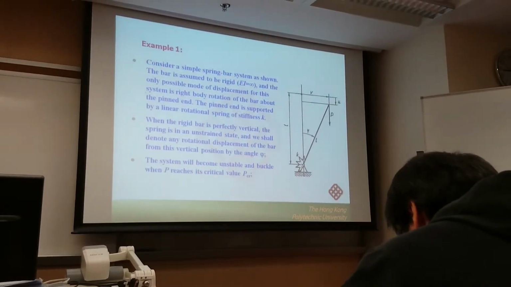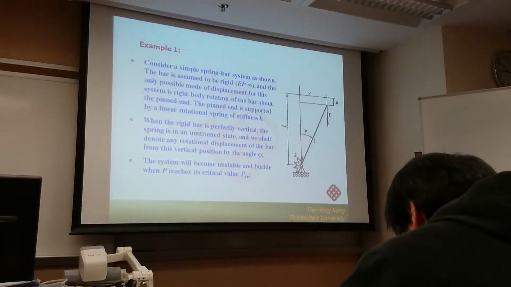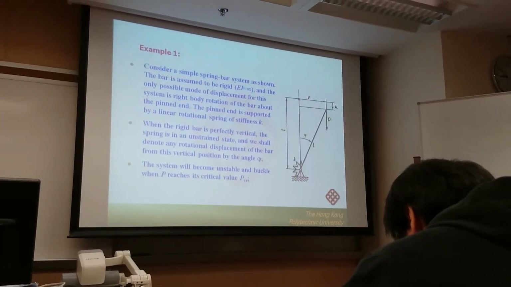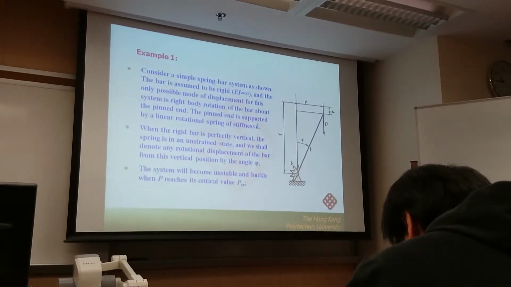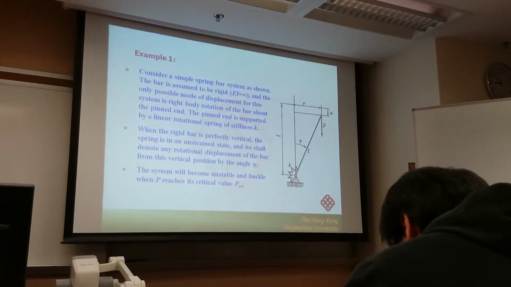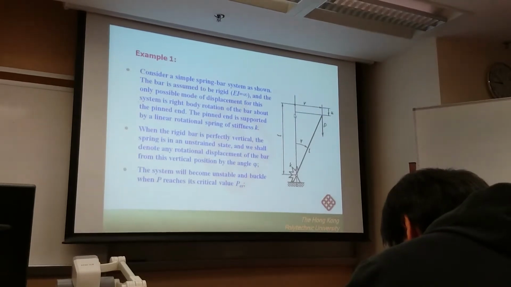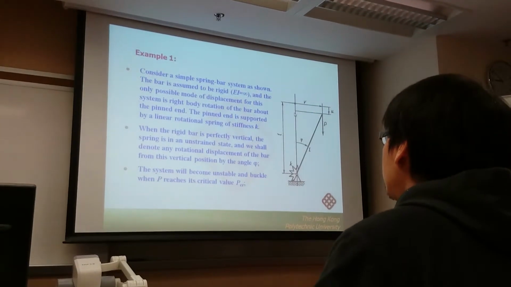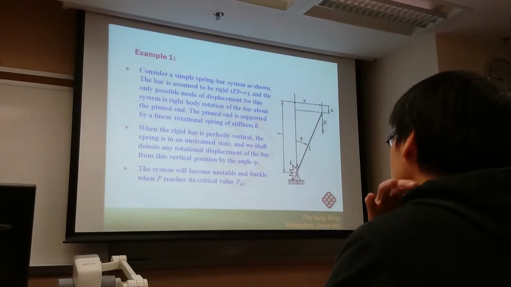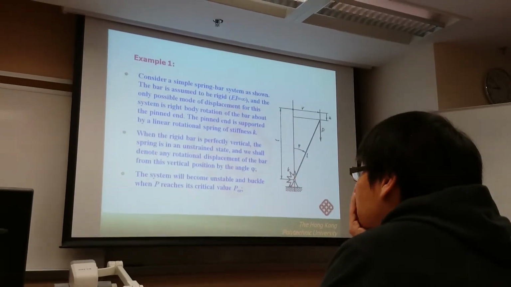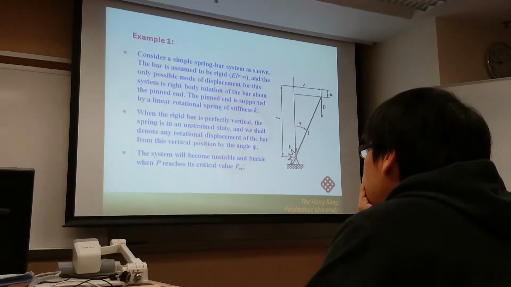Due to the neighboring members, and the influence of the neighboring members can be represented by a rotational spring. So here we have a rotational spring. For this vertical column, when the applied force is less than the critical load, how about the structural response?